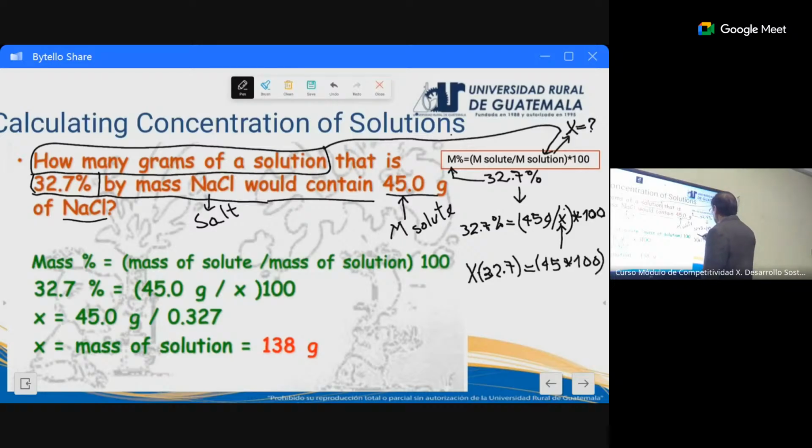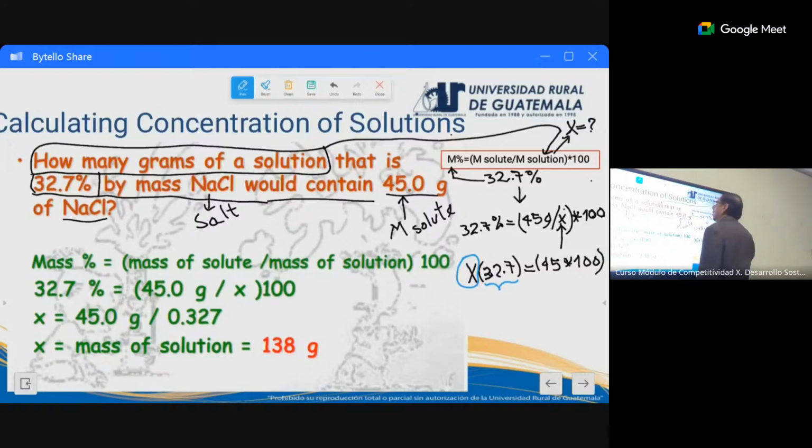But now we need to clear, let me change the color here. First of all, we need to clear our unknown quantity, that is this one. So this quantity is multiplying here, so we need to change this quantity to divide on the right side of the equation.